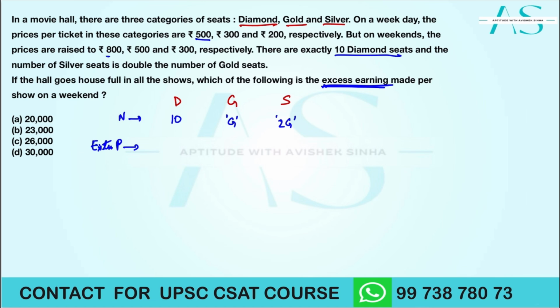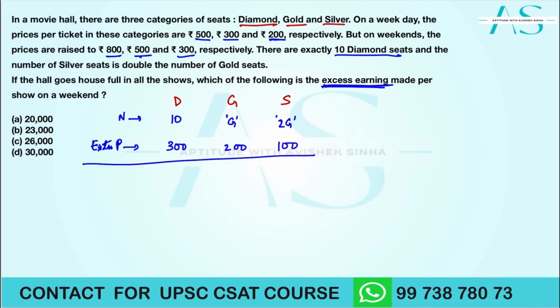500 weekend पे है, 800 यहाँ पे है. So this is 300 rupees extra. 300 on weekday, 500 on weekend. So 200 extra. 200 on a weekday and 300 on a weekend. So 100 extra.